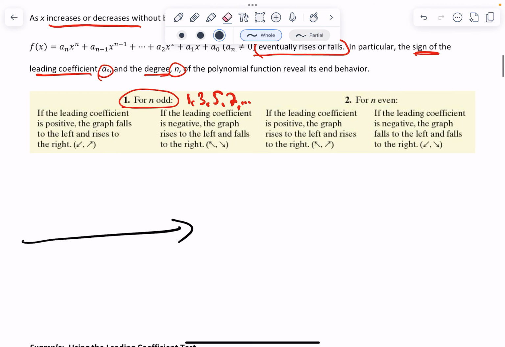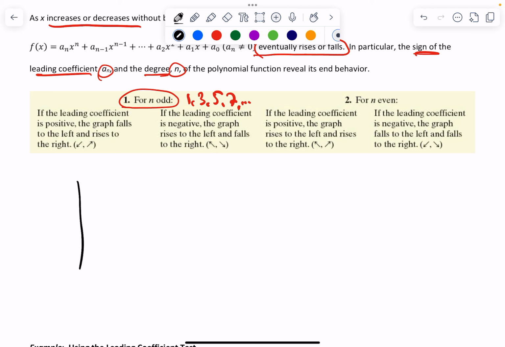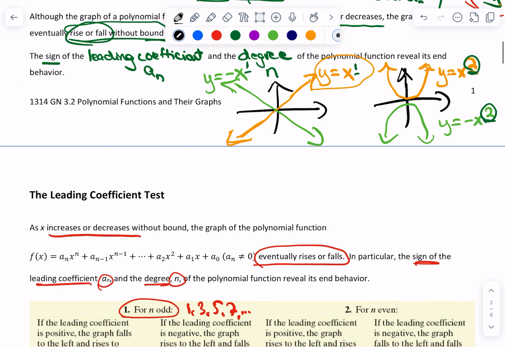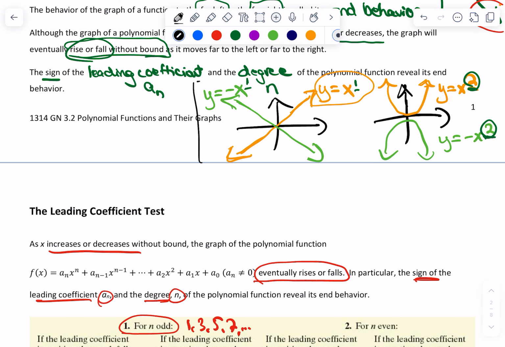Oops, that's too big. I can't fit 4 graphs that big here. Okay, here we go. So odd, we just looked at odd right here. 1 is odd.